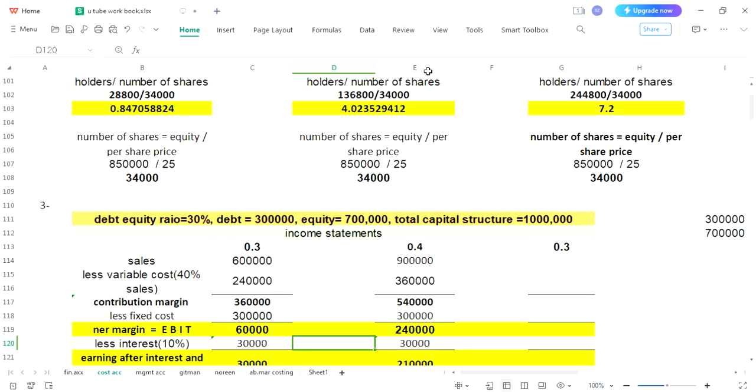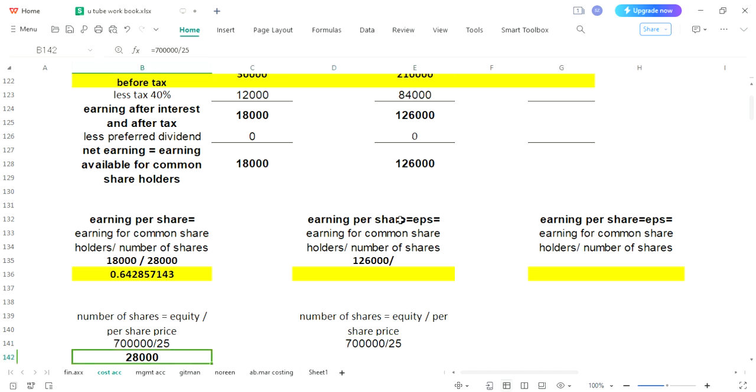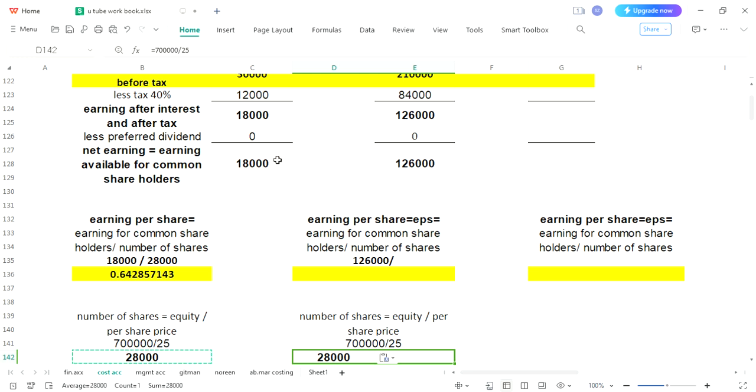Your equity for this whole part would be shared by first probability, second probability, and third probability. We will have the same number. So equity is 7 lakh, and it would be divided by 25. It means the same amount would be present for per unit price 25, same, and same equity. So we have got 28,000 as number of shares.